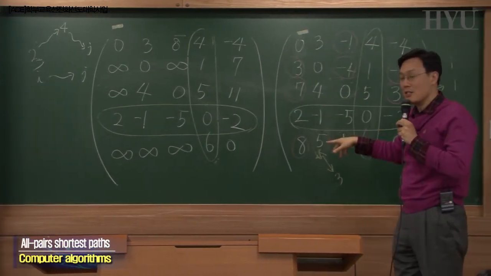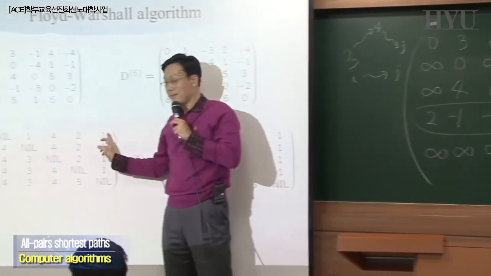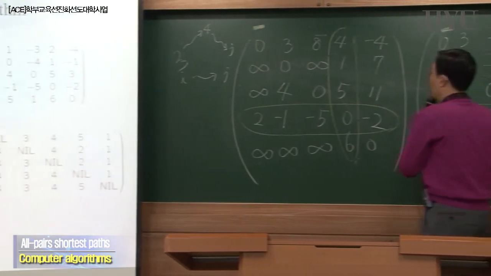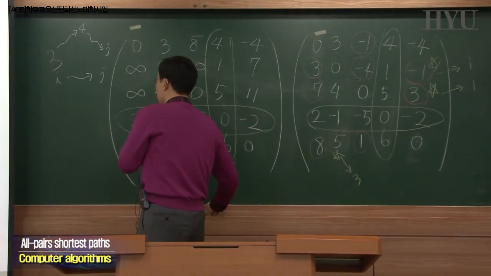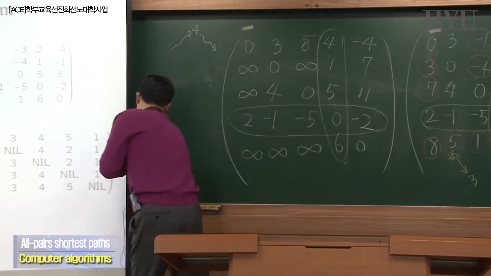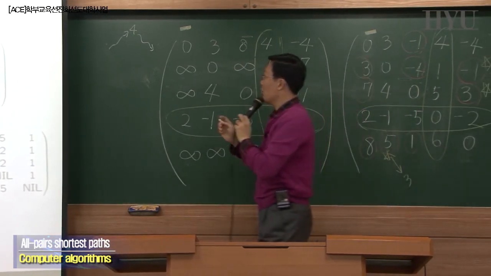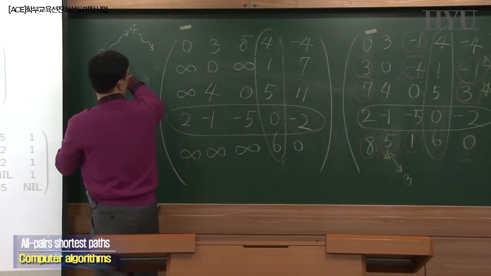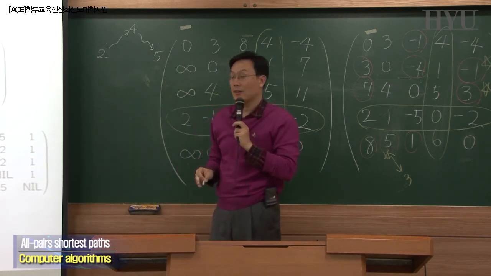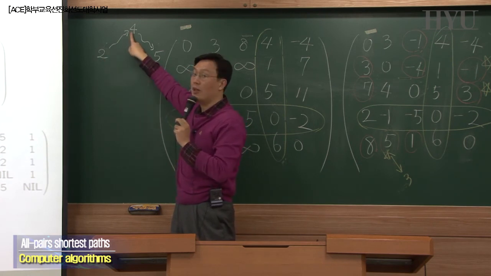For the other cases, what is the definition of this? I will draw. In this case, we use from 2 to 5, right? The shortest path from 2 to 4 and 4 to 5.